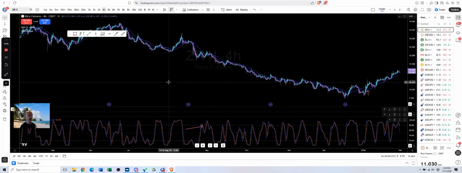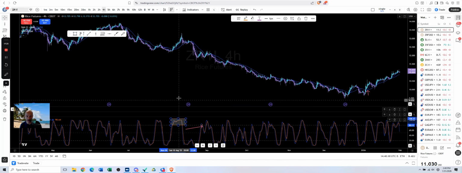But again, it's going to have a delay like any other oscillator. It is delayed because it's calculated using prior price data. Okay. But again, you could drop to a shorter time frame and look for a signal on the shorter time frame for when that signal comes. So on the 4-hour chart, once it gets up into this overbought area right here, right?